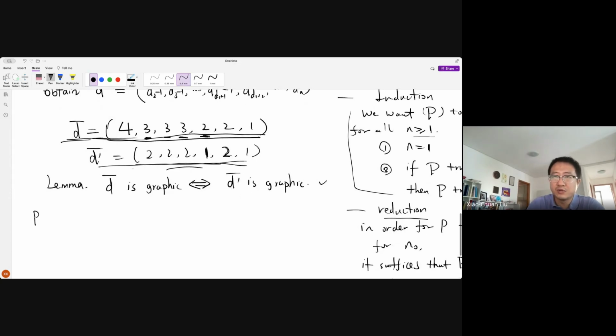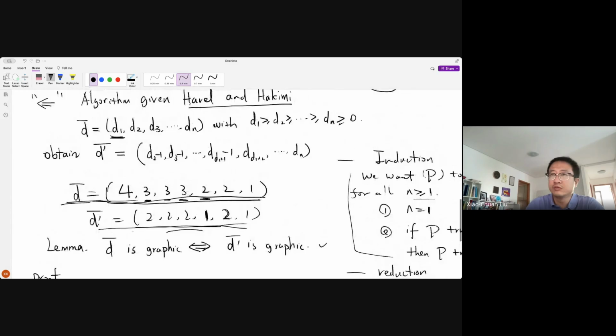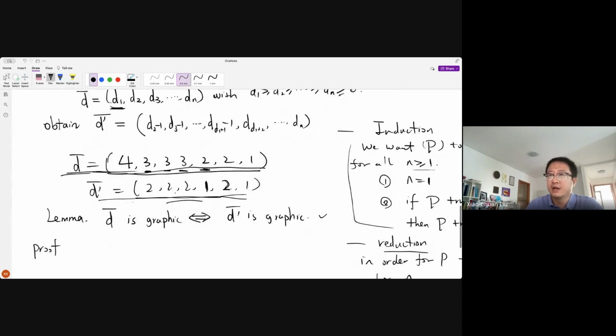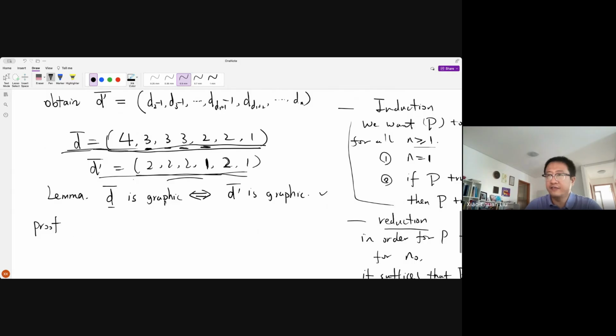Okay, so let's prove this lemma. If you remember this algorithm, then D bar is graphic if and only if D prime bar is graphic. So we prove this. Right. To prove this, again, we need two directions. I think one direction is very easy.